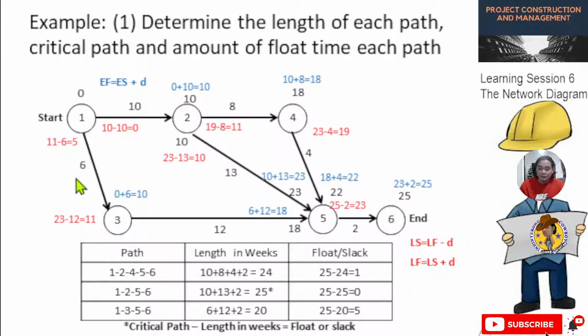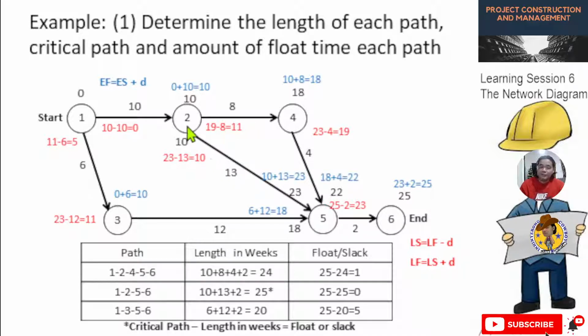After node 2, or after activity 1 to 2, there are two activities that follow after completion of this activity. We have activity 2 to 4, which has a duration or time of 8 days. Then activity 2 to 5 has a duration of 13 days.